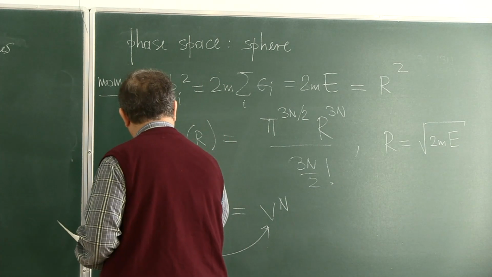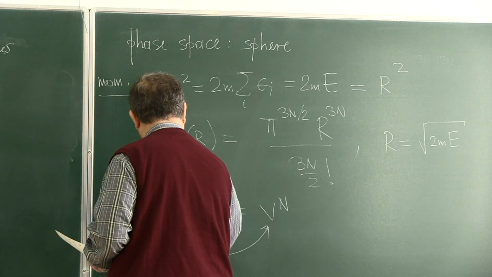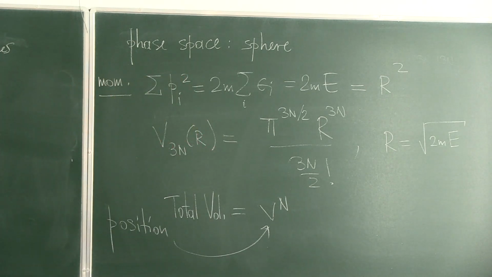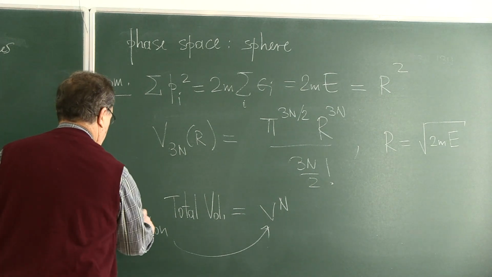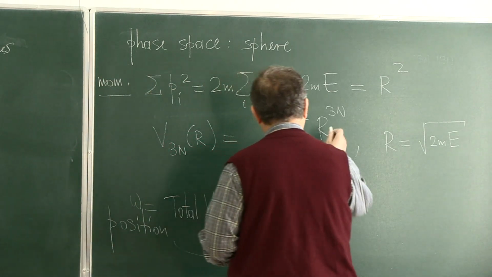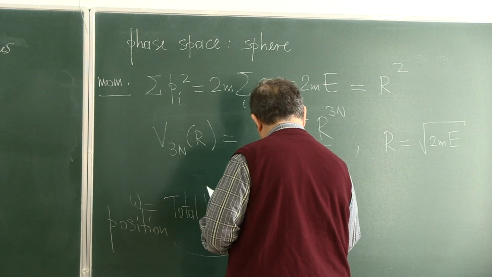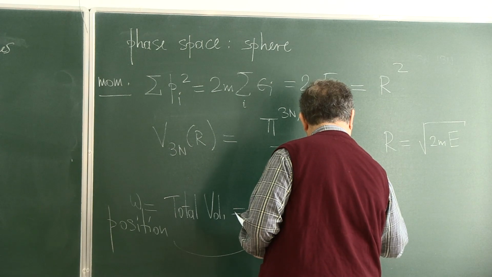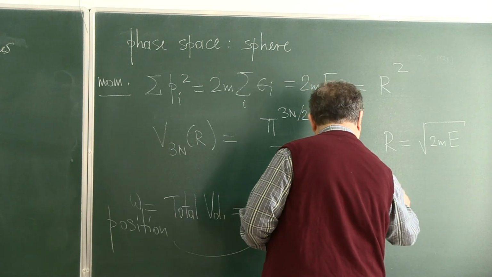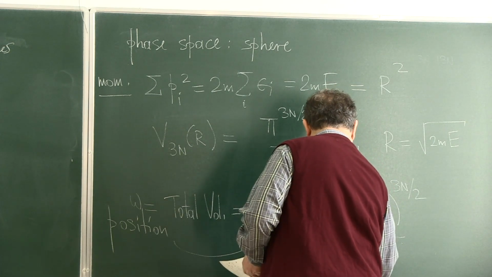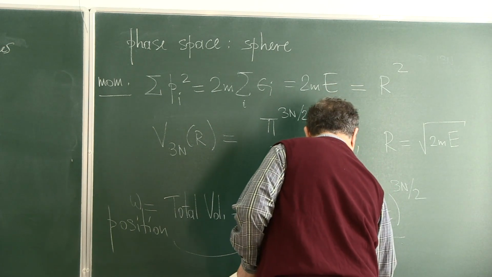This is the total volume, Omega, in other words, isn't it? V to the n, times this volume in momentum space, (2mE) to the 3n over 2, divided by 3n over 2 factorial.